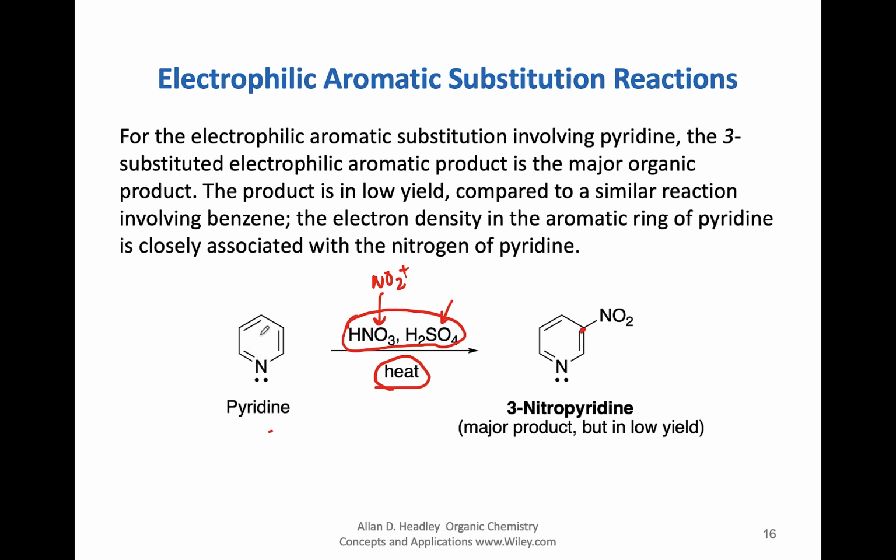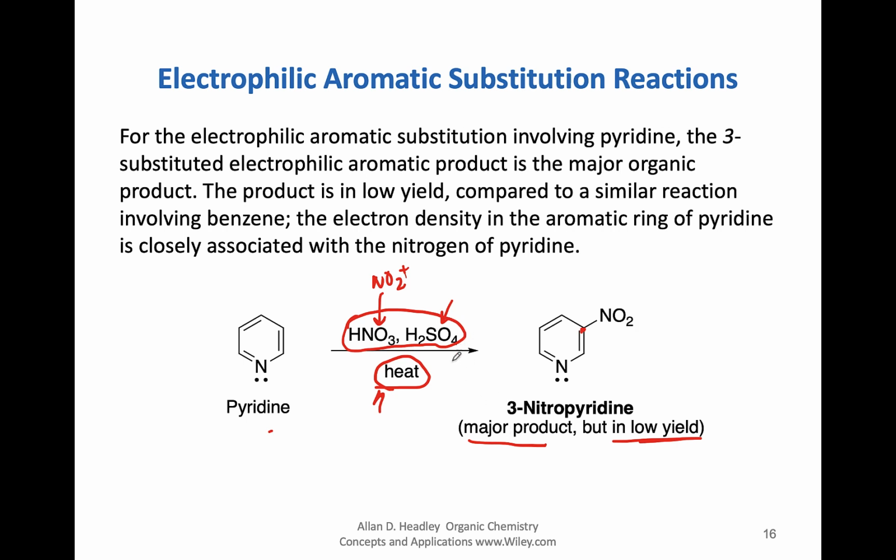So it's very reluctantly coming out and bonding to the electrophile here. So we have to give it a little bit of energy, heat, for that. And notice it's the major product and in low yield. Why low yield? Because it's not very reactive.